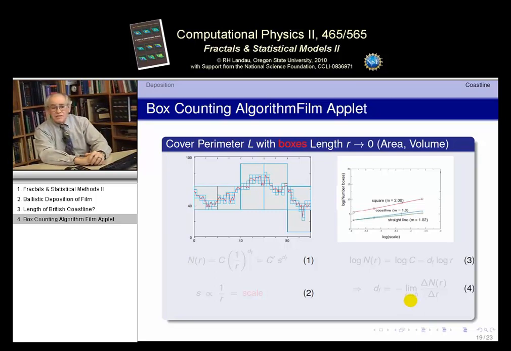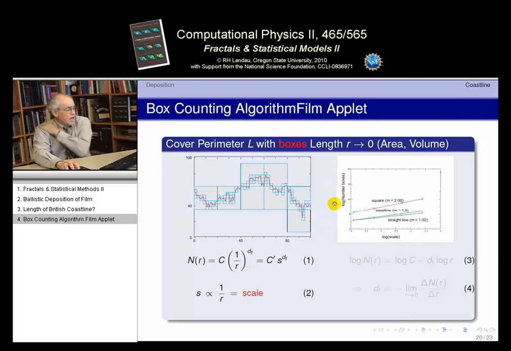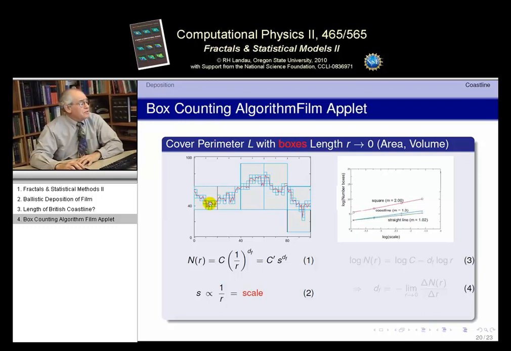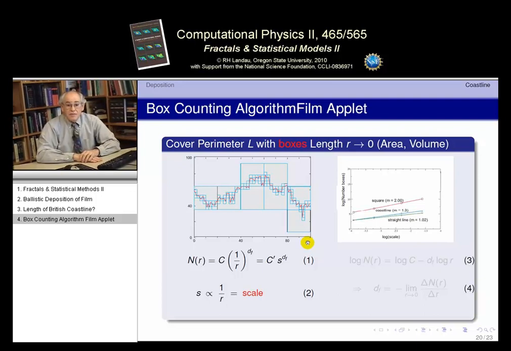But it's just nice to do. And I suggest you do it with a piece of graph paper rather than with just writing a computer program to do it, so you understand what's going on. Here's the whole idea. So we have here this surface, which we generated just with our algorithm for deposition, and we're going to cover the surface with different size boxes.